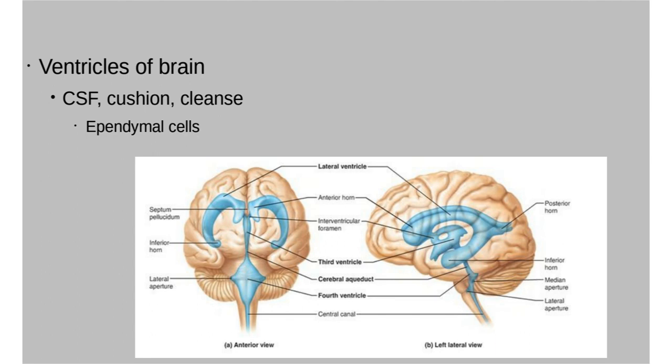Now, one of the things that I want to talk about that can go wrong with the CSF is if this path was blocked, if we somehow impeded the ability of this cerebrospinal fluid to flow around the brain and spine.